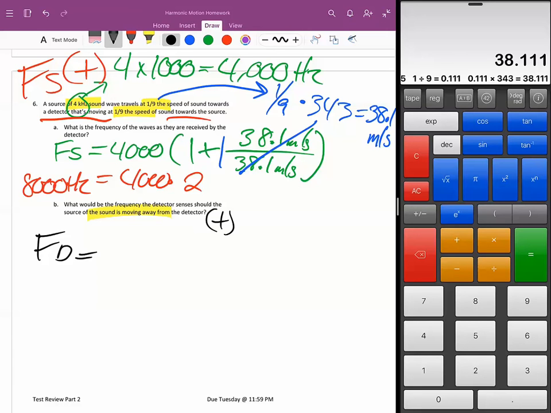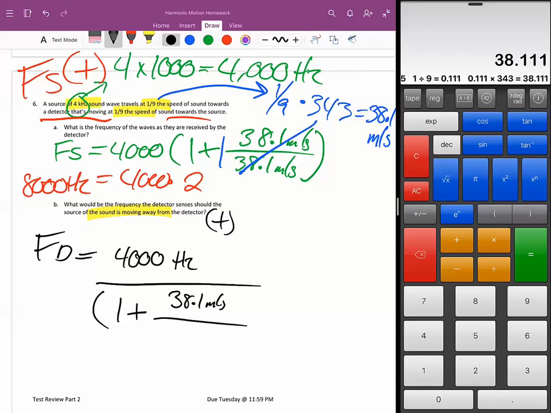The frequency for your source was 4,000 hertz divided by 1 plus your speed of the source divided by the speed of sound of the waves coming from the source, which were given to be the same thing, 38.1.